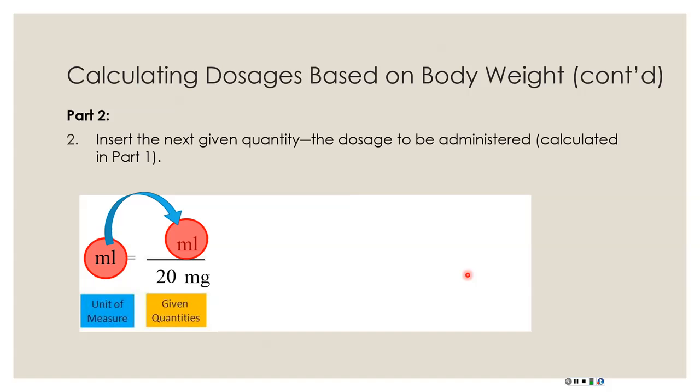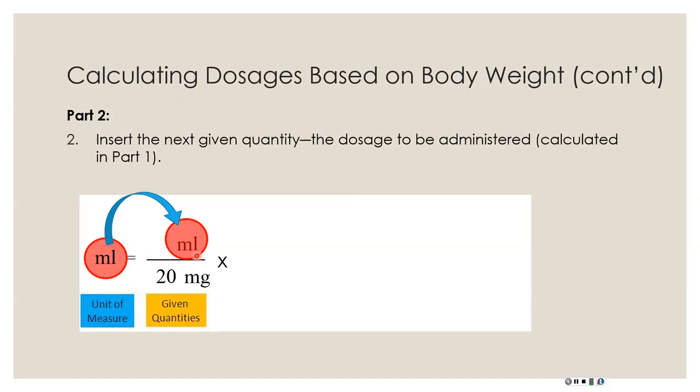And this is where it's so important for you to understand what you're looking for in the end, because otherwise you may make the mistake of putting milliliters here, and maybe you didn't remember that if you're looking for milliliters, that's what your first numerator has to be. And so if you would put 20 milligrams over milliliters, it would be a wrong answer. So by just identifying what you're looking for, knowing that milliliters has to go up and be this very first numerator, you're on the road to success.